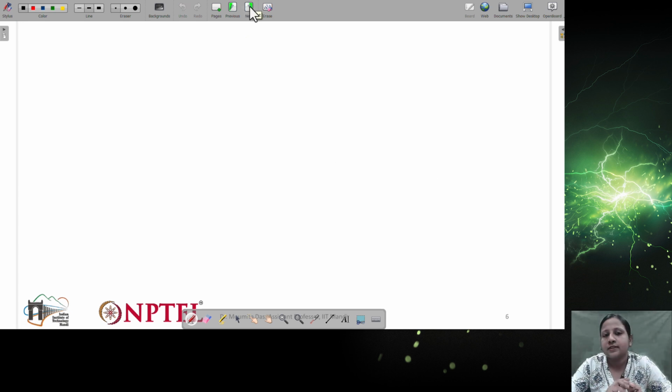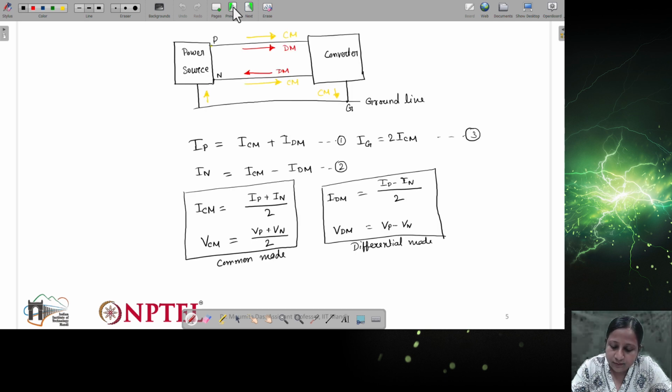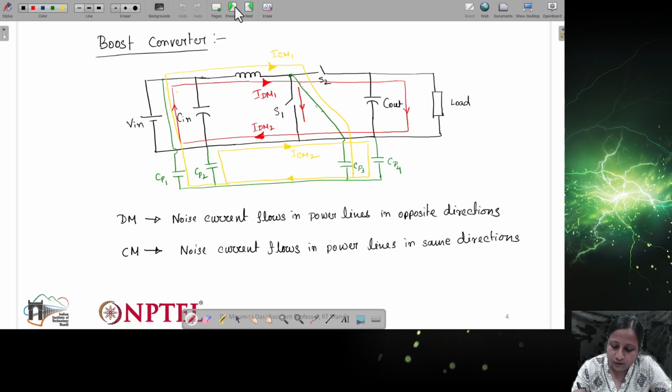Now how do these noises generally look? In any converter, with respect to differential mode, it is the same current that flows in the circuit. See here in the boost converter, whatever current flows through the switches, the same current will flow in the differential mode noise.